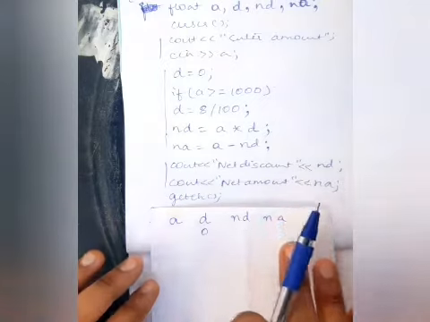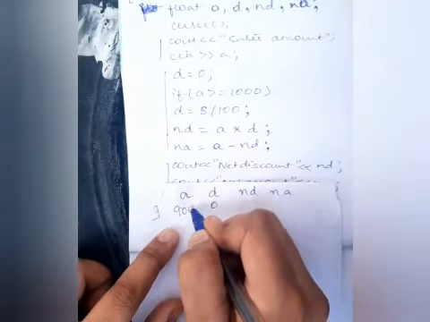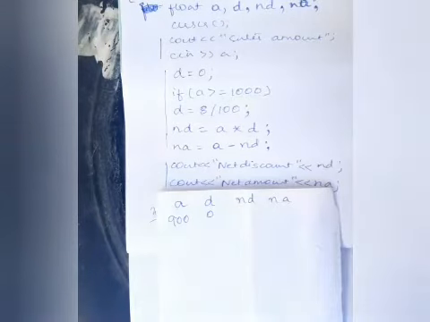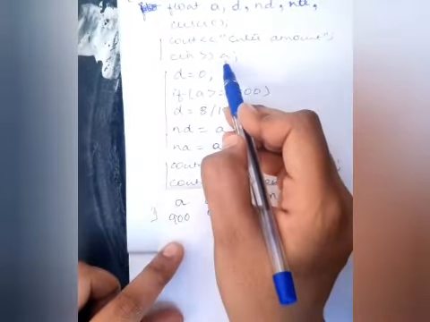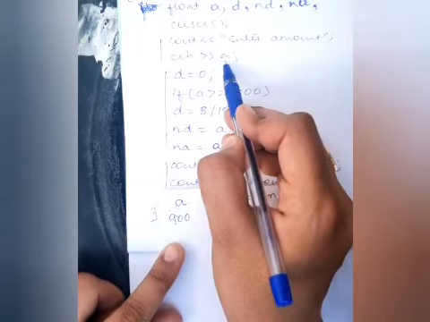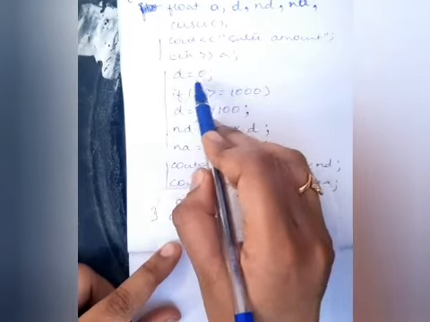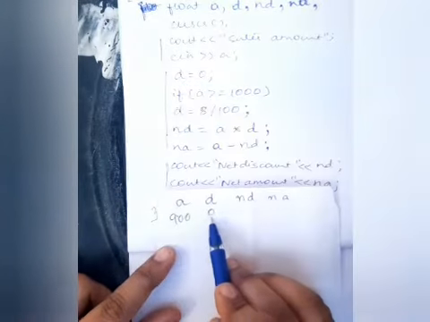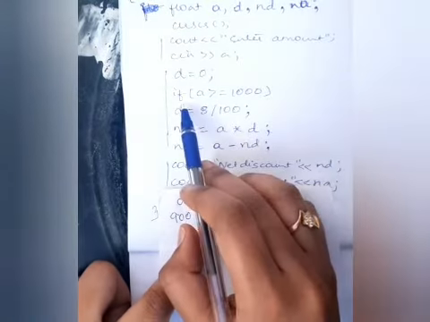For the first time, let me take below 1000. Let me take A value as 900. The user has entered 900 and this 900 will be stored in the variable called A. Now look at the next line. 0 will be assigned to D. Now check the condition.